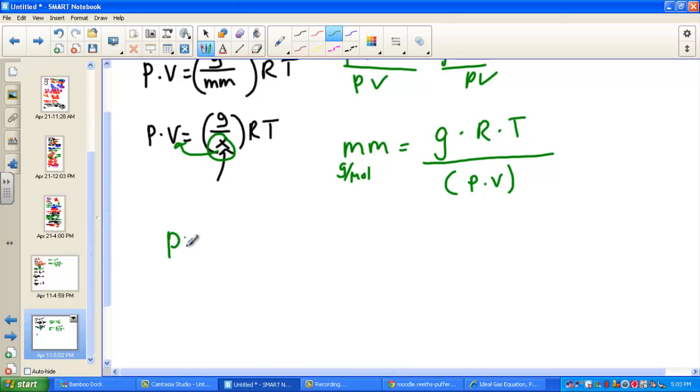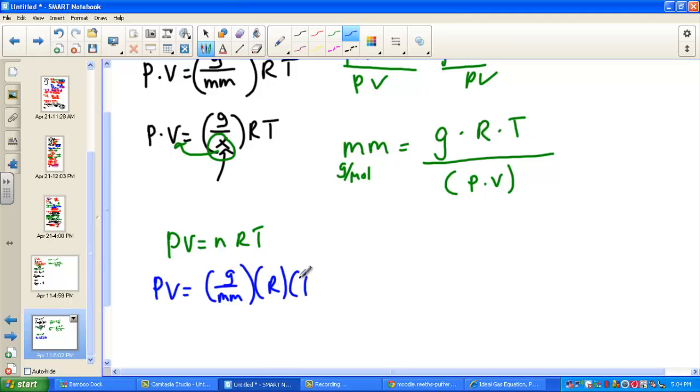A second application of the PV equals nRT equation is trying to solve for density. Keep in mind, n is the mole number, grams per molar mass, over RT. What would the equation turn into if we're trying to solve for grams per liter, which is the very definition of density, grams over a volume unit?